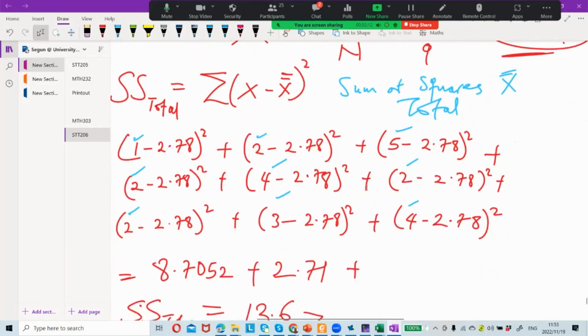What is number 1 in your group 1? 1 minus grand total, square it. 2 minus grand total, square it. 3 minus grand total, square it. Plus second group now. 2 minus grand total, square it. Till you reach the final person in that group, which is 4 minus grand total. Square it. That's all.